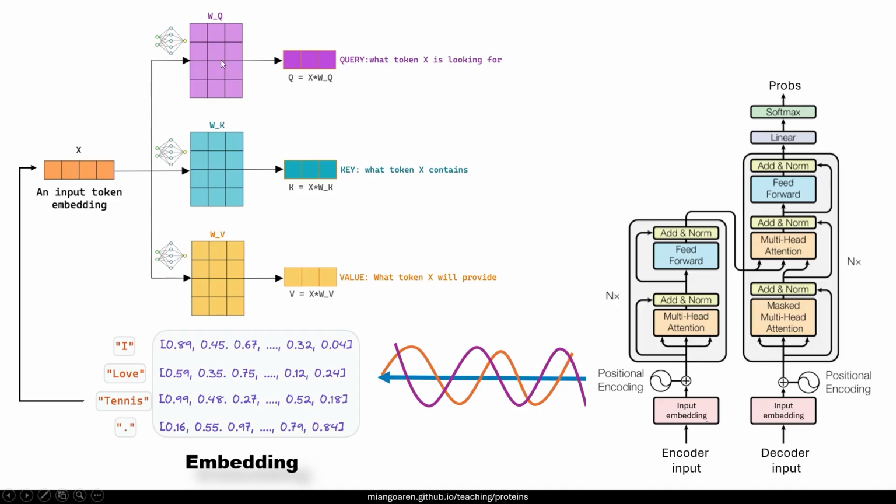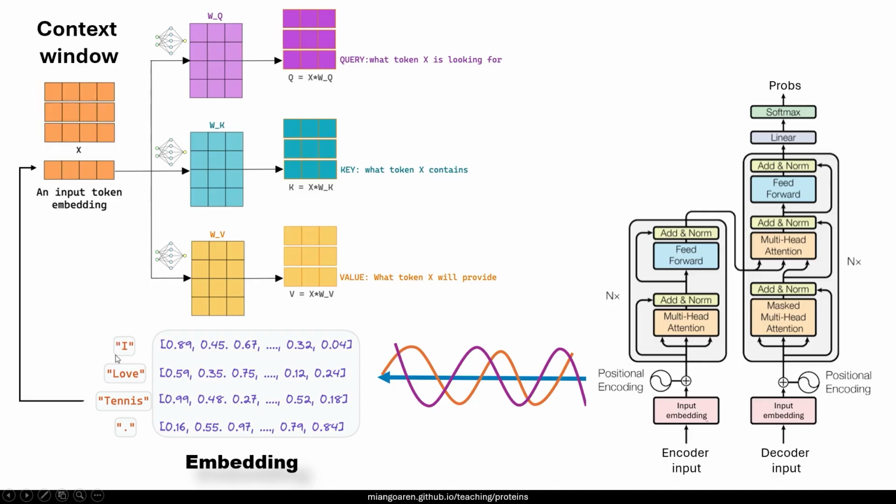By multiplying the input embedding with them, it gives us a key vector, a query vector, and a value vector. That is, for each input embedding we now have 3 vectors, representing the query, the key, and the value.